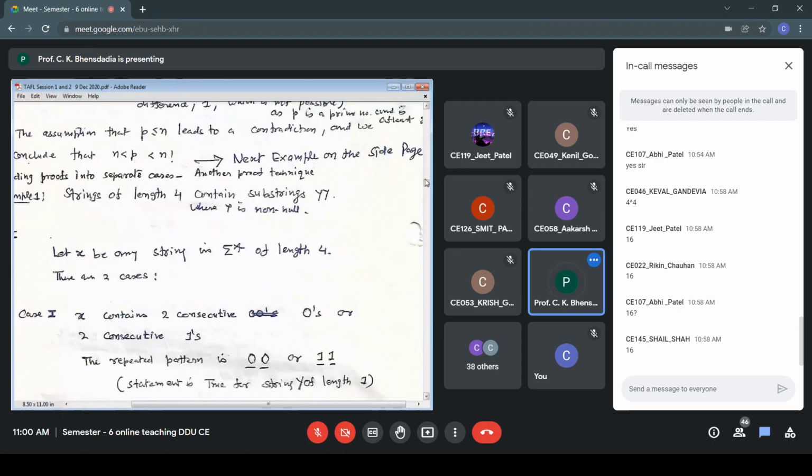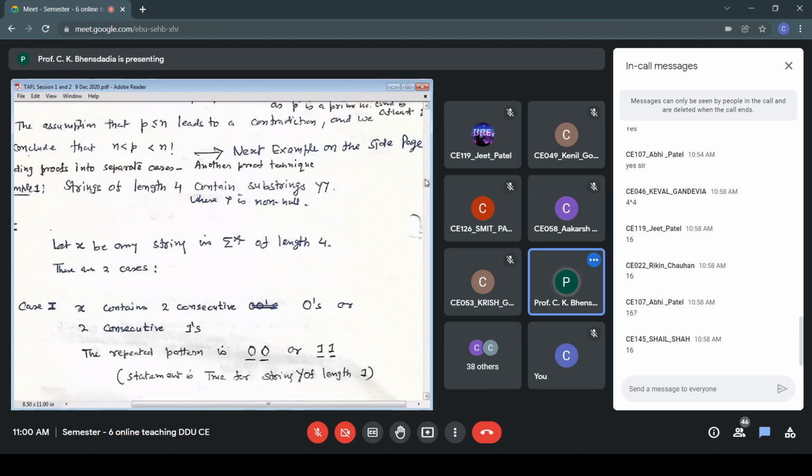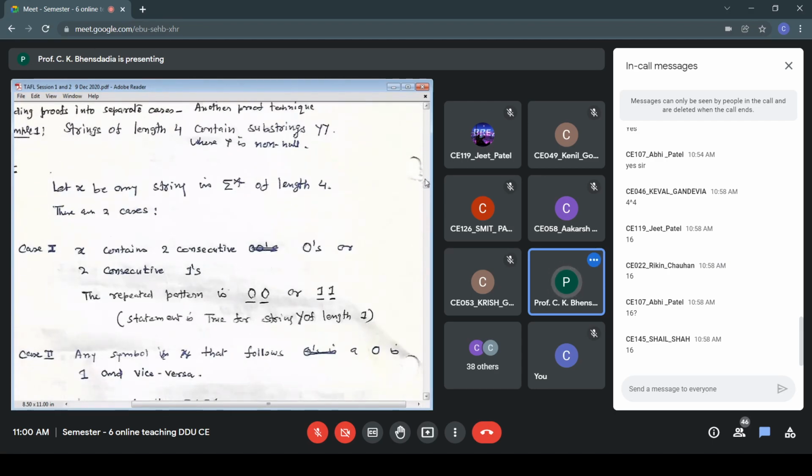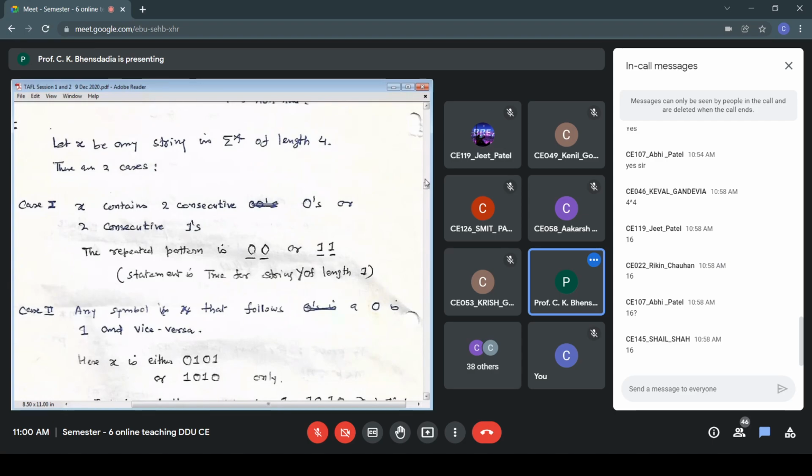Case number 1, X contains 2 consecutive zeros or 2 consecutive ones. In the second case, any symbol 0 in X is followed by 1 and vice versa. So X starting with 0, next will be 1, then 0, then 1.